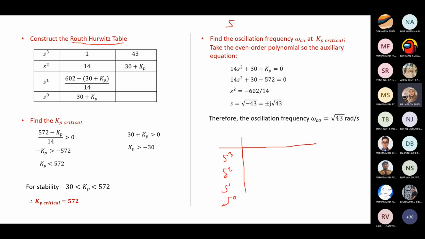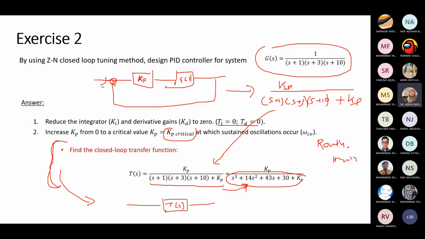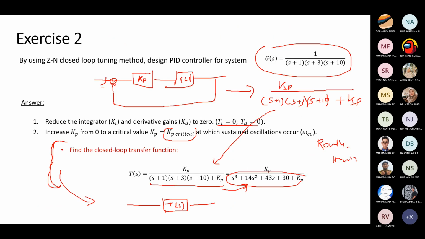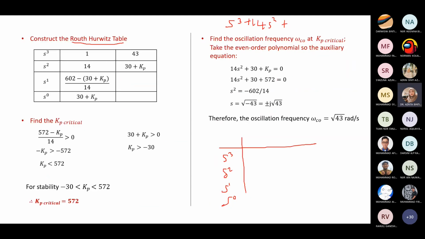So the characteristic equation or the denominator equation is s power of 3 plus 14 s power of 2 plus 43s plus 30 plus KP.